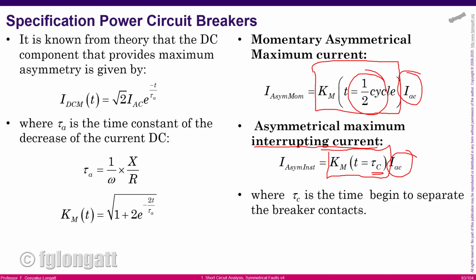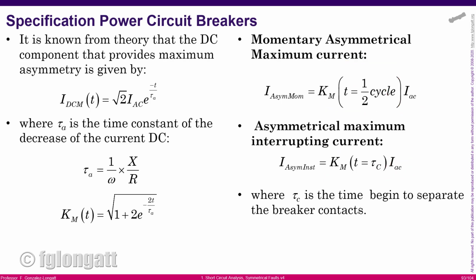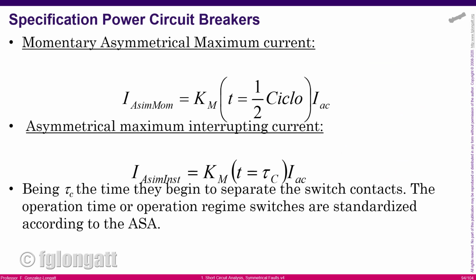Well, let's move forward. And here we have the momentary asymmetrical maximum current, and here we have the instantaneous. What you need to understand is that the operating time for separating the contacts, this number here, is coming from standardized values.